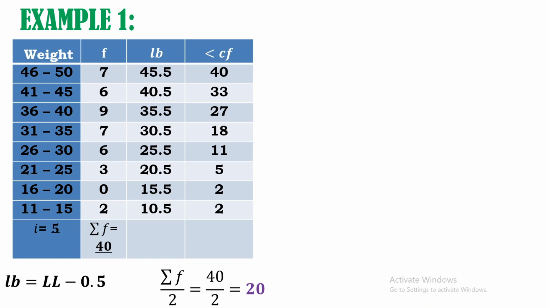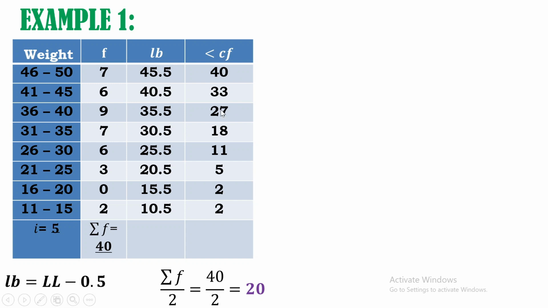Now, to find the median class, you must look for the values on the less than CF column which are larger than 20, our summation of f over 2 value. Then after that, you choose which among those values is the lowest.